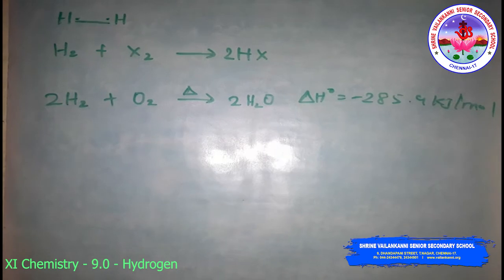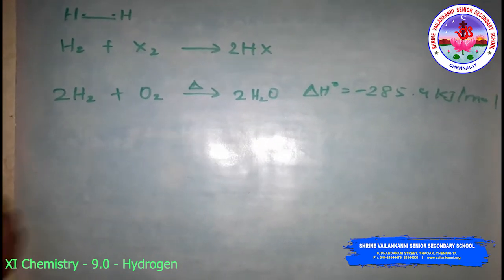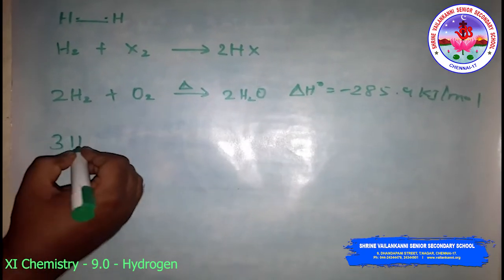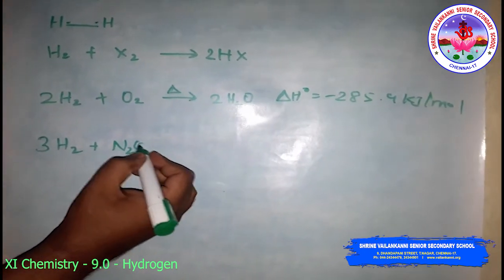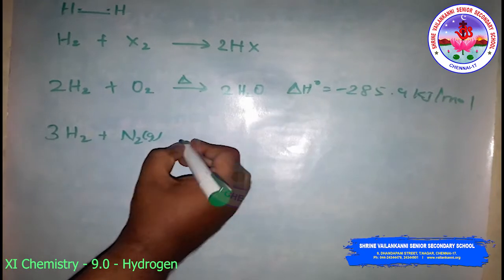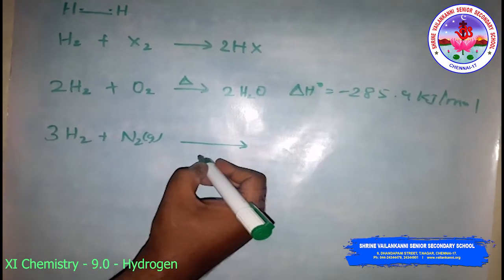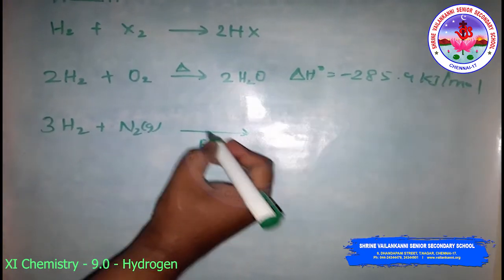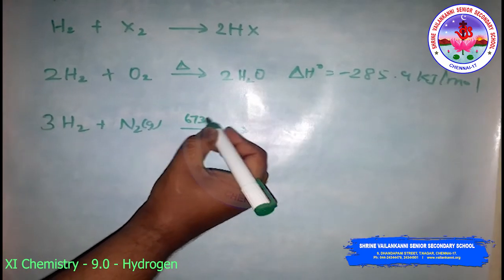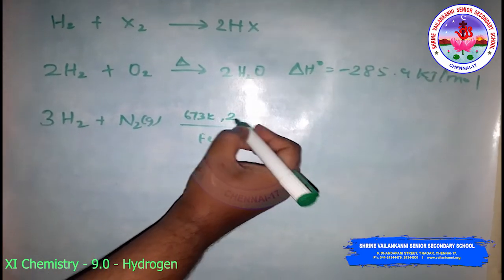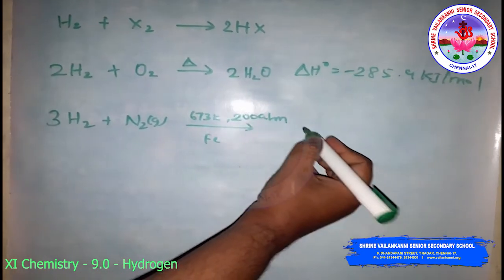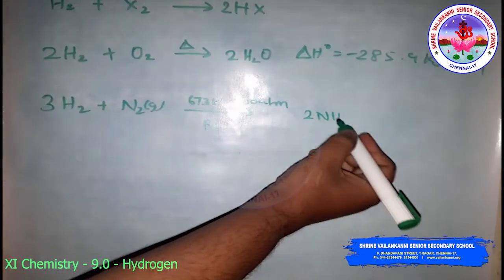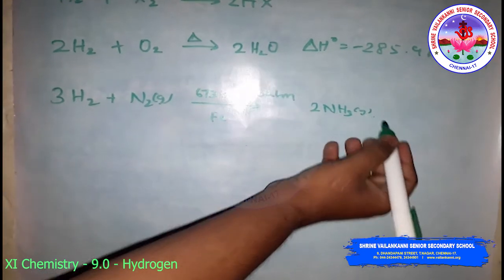Then reaction with dinitrogen. Three moles of hydrogen gas react with nitrogen gas using an iron catalyst at a temperature around 673 Kelvin and 200 atmosphere pressure, and you will get the ammonia gas.